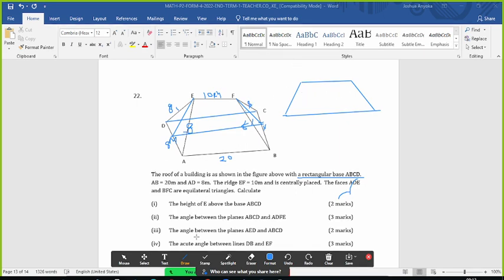So this is according to what we have. This is E, which is the ridge, and F, and then we have N and M.